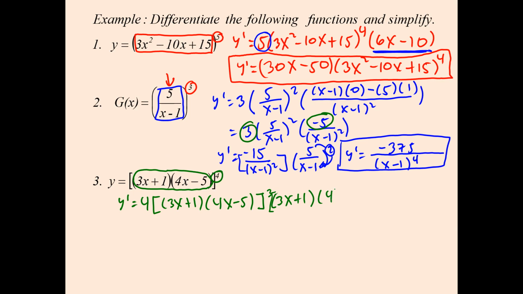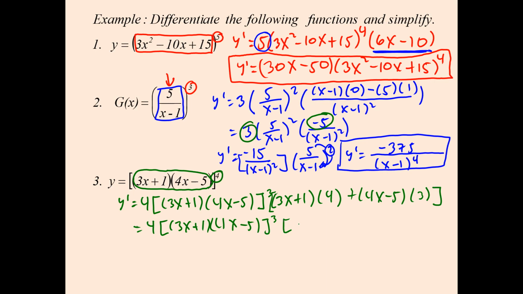Derivative of V is 4. Plus V, 4x minus 5, times derivative of U is 3. Simplify. 4 times (3x plus 1) times (4x minus 5) raised to 3 times distribute 4, 12x plus 4 plus distribute 3, 12x minus 15.